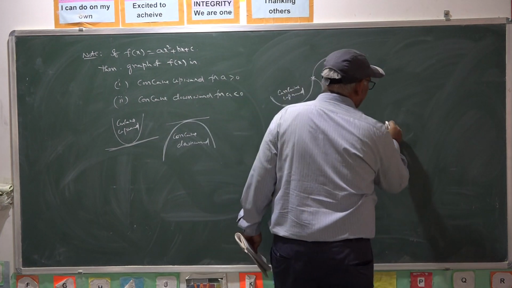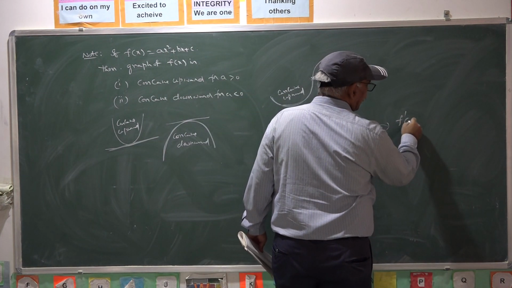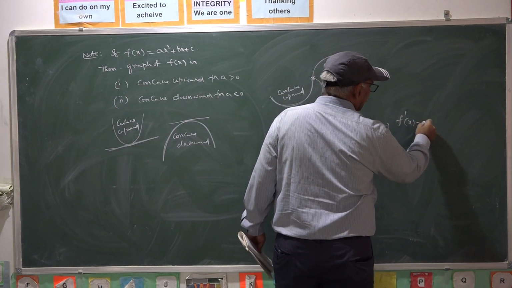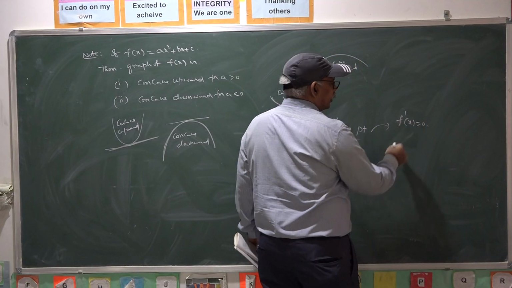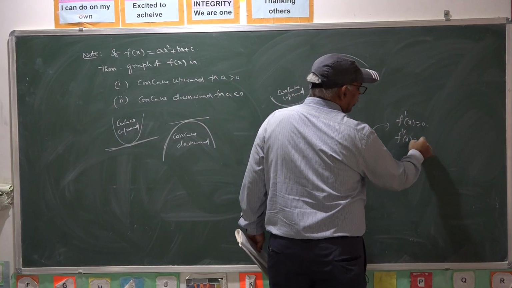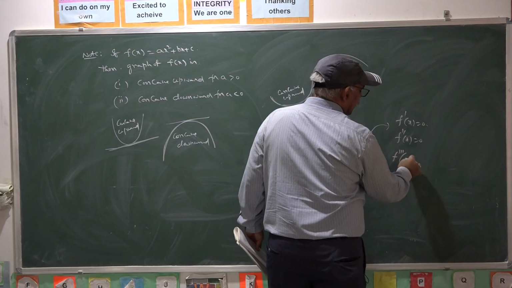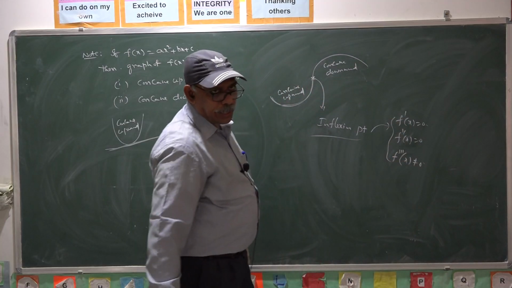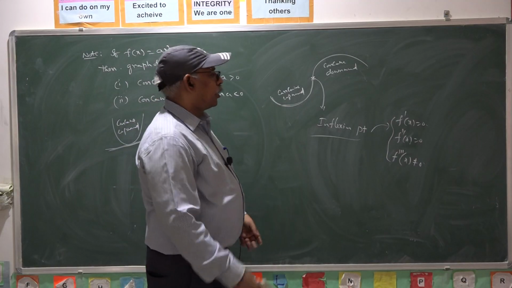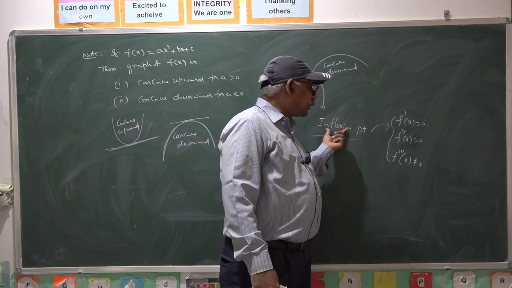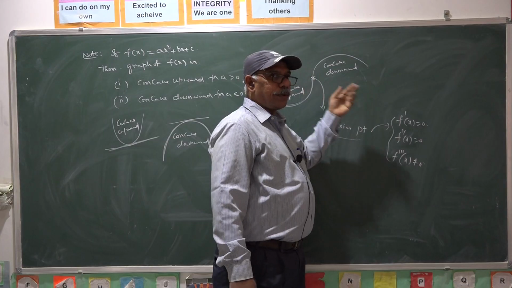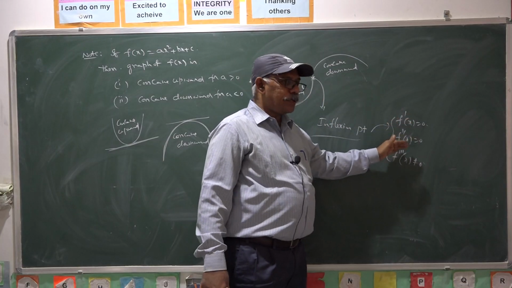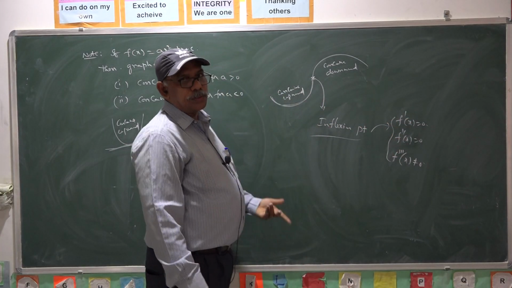To get the inflection point, at this point f dash x is 0, f double dash x is also 0, and the third derivative is not equal to 0. First derivative 0, second derivative 0, third derivative not equal to 0.